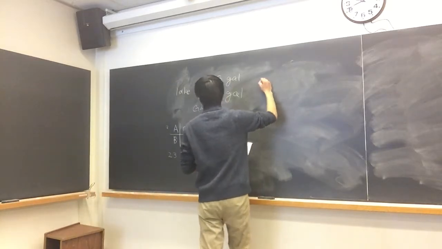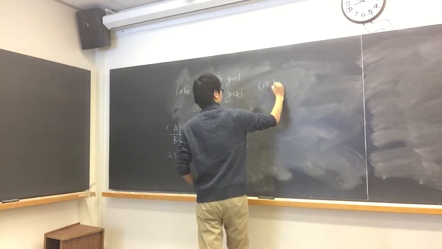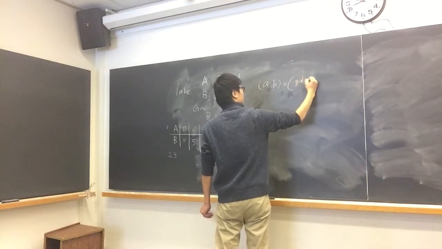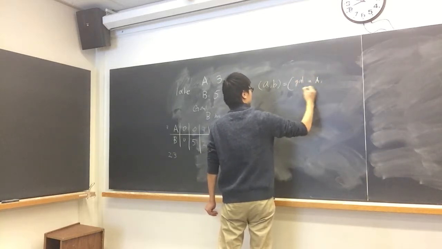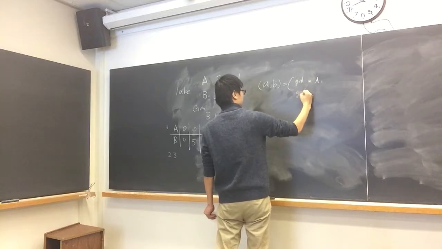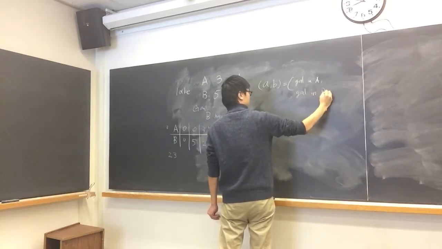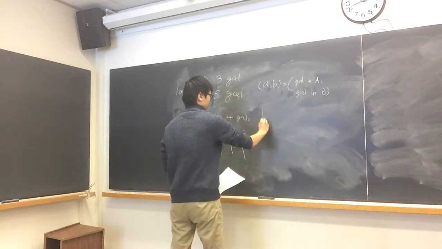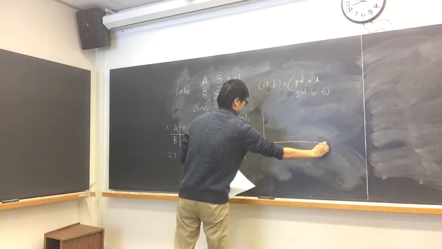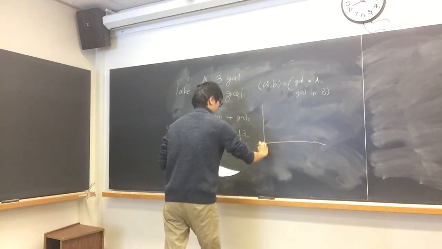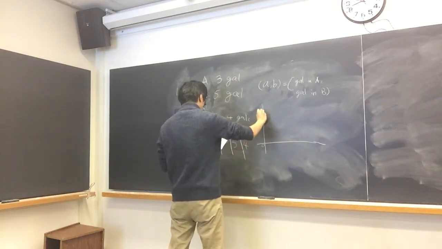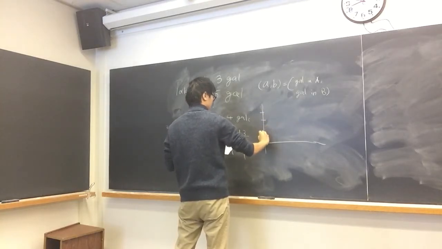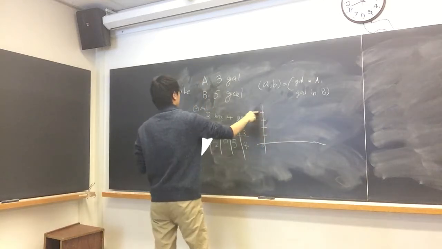So let's set the point A, B, where A denotes the gallons of water in A, and B is the gallons of water in B. So basically our solution space is just going to be a graph where here is 0, 0, and here is 4, 1, 2, 3, 4.